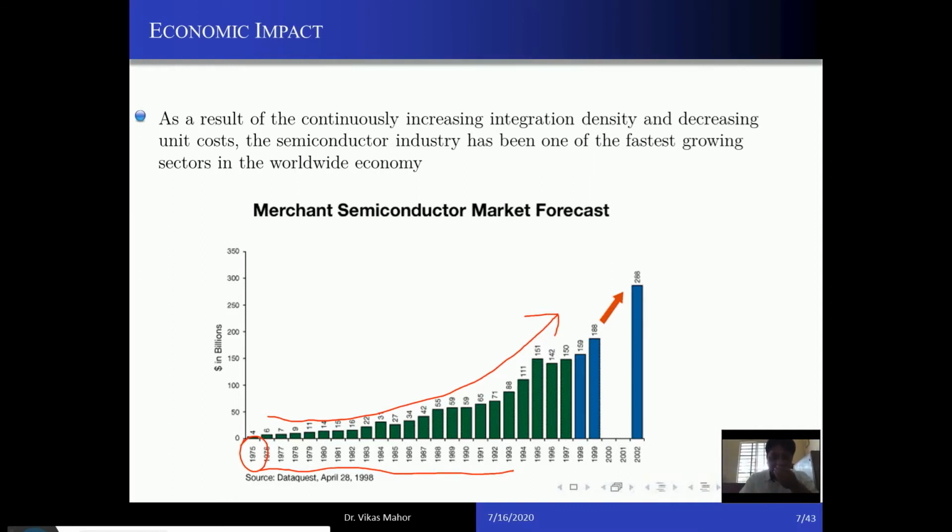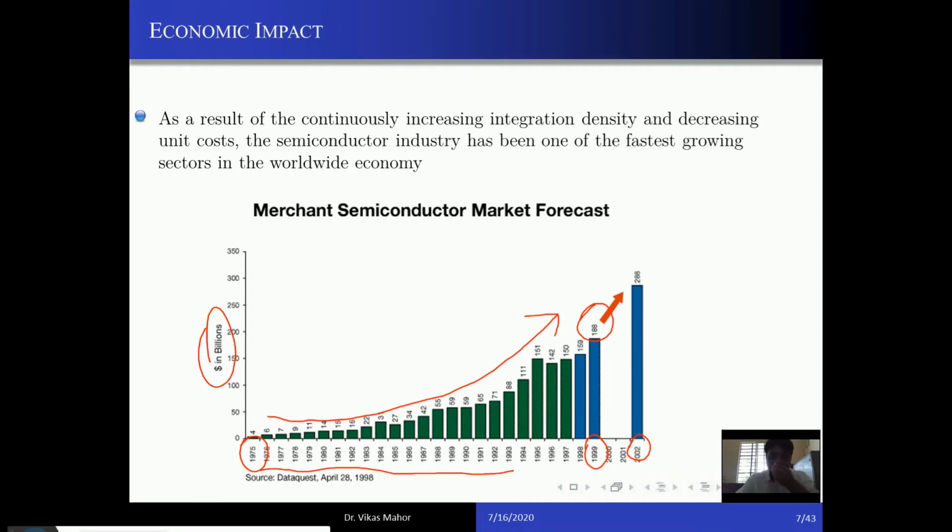One of the benchmarks which was always shown in all the VLSI books is from 1999 till 2002. What happened? Almost $188 million. Sorry, I'm talking about billion dollars.